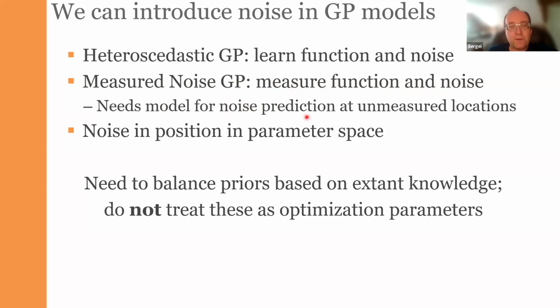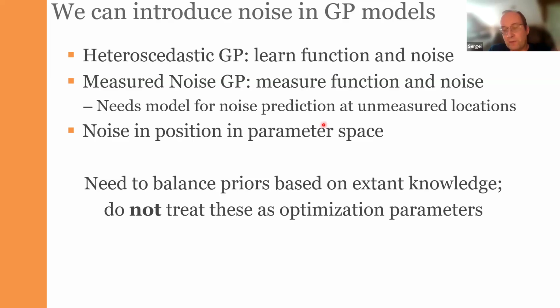The final thing that we talked about is the noise and position in the parameter space. The most important take-home message for all those variants of Gaussian process is that they start to come with a very large number of priors.